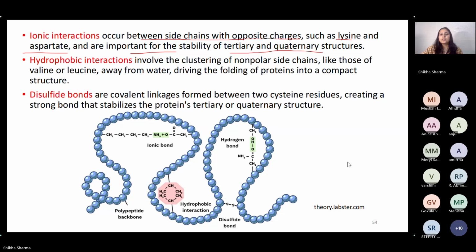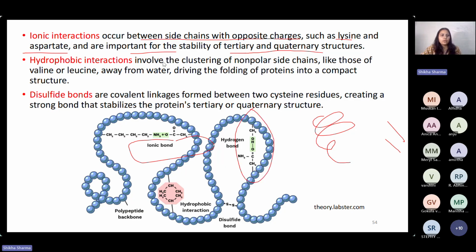So for secondary structures like helix and beta sheet structures, we need hydrogen bonding majorly, and for maintaining the tertiary and quaternary structures, we need ionic bonding. Then hydrophobic interactions involve the clustering of non-polar side chains, like those in valine and leucine, away from water, driving the folding of protein into a compact structure.